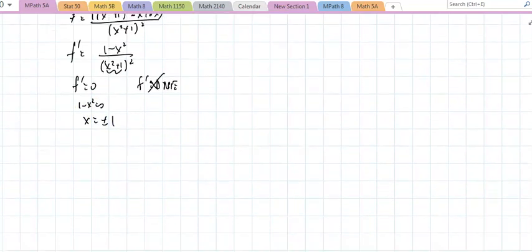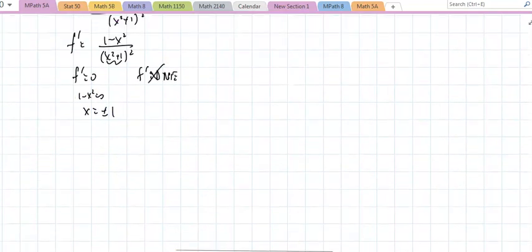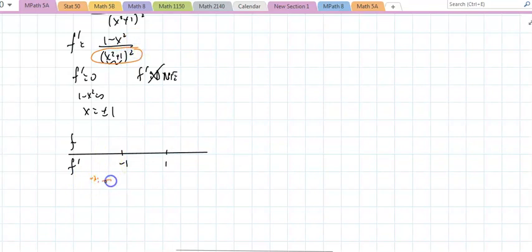So the testing here is going to happen at 1 and negative 1. There's x equal 1 and there's x equal negative 1. There's the derivative, there's f. If I pick a test point to the left of negative 1, let's say at negative 2, do you agree that the denominator is always positive?